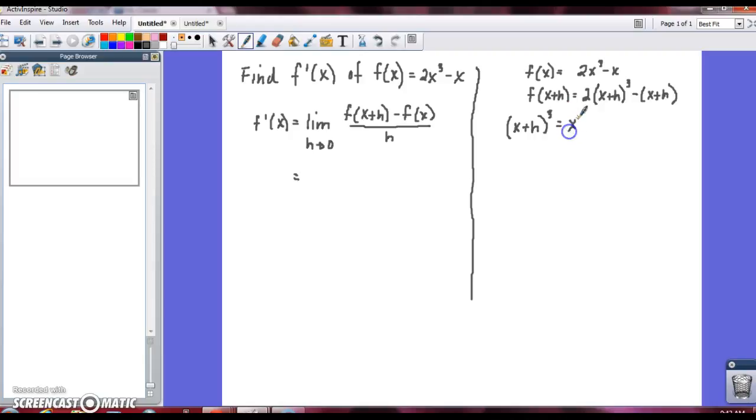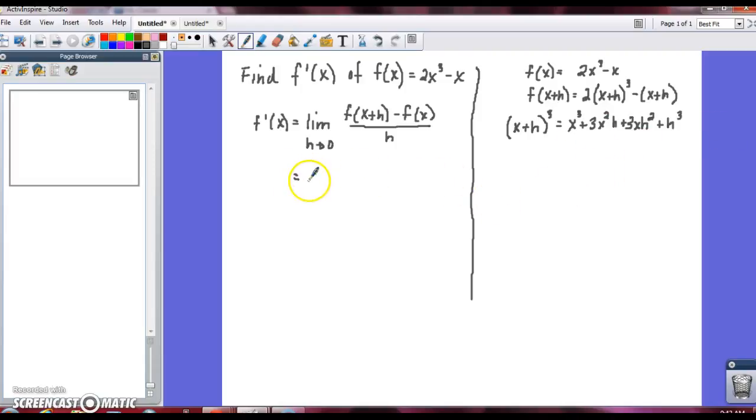Basically, what it comes out to be is this: x cubed plus 3x squared h plus 3x h squared plus h cubed. And that is what it will always be. It won't ever change from that. So if you're not familiar with that, make sure that you get familiar with it. The only thing that would change is if there's a negative sign in there, and that changes some of your signs. Okay, but otherwise, those are the coefficients that go with that.